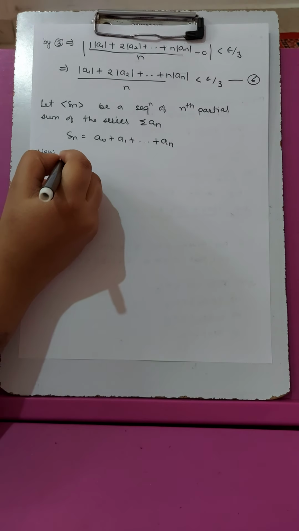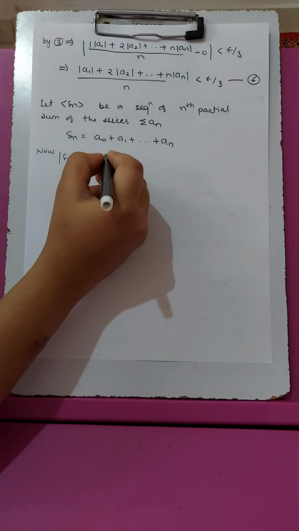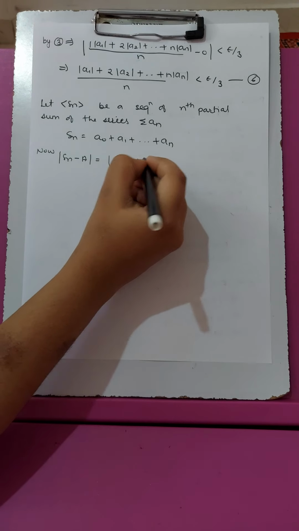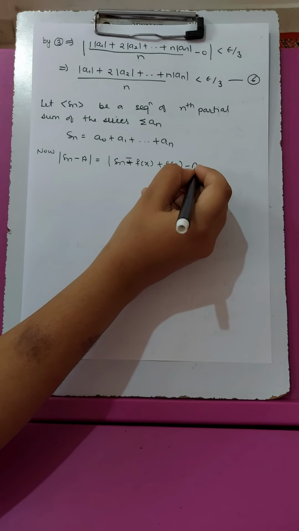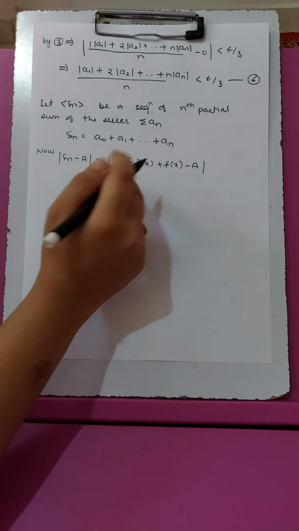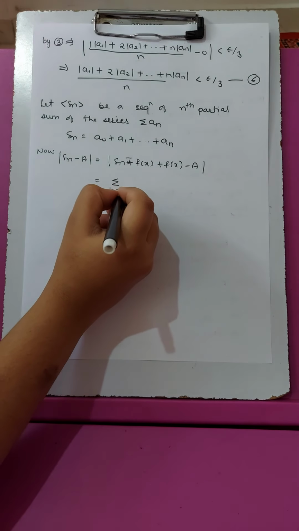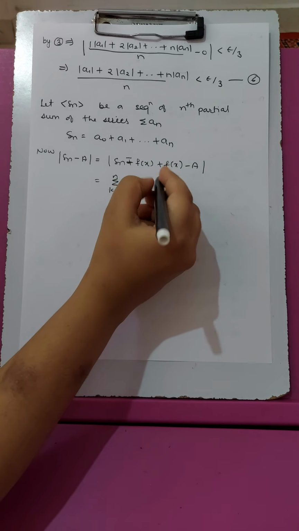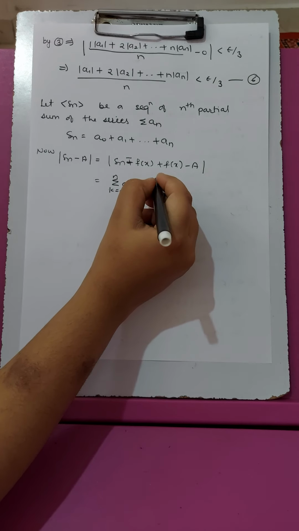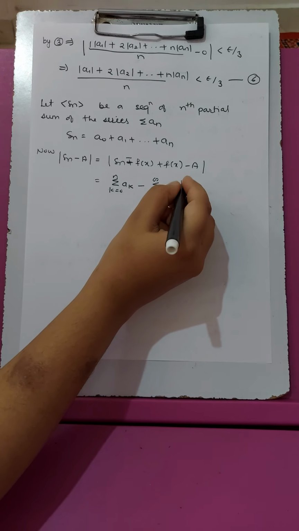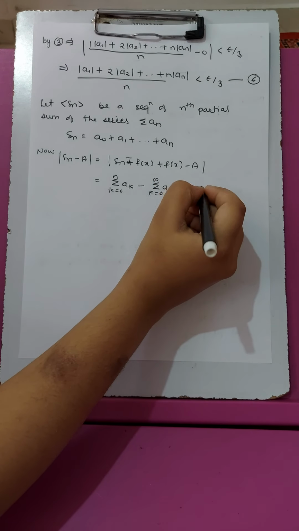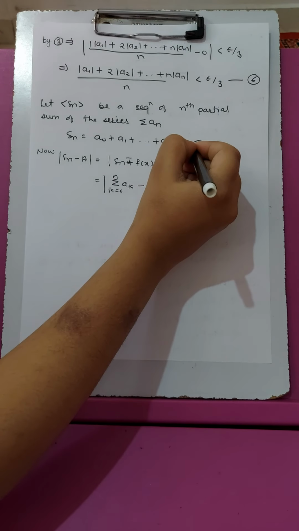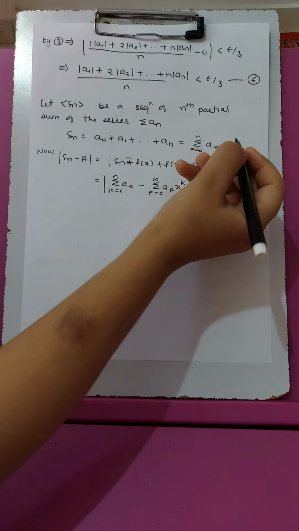Now we can have mod of S_n minus a equals mod of S_n minus f(x) plus f(x) minus a. Since S_n is summation k from 0 to n a_k, minus f(x), which is summation k from 0 to infinity a_k x^k, and this as it is, plus f(x) minus a.